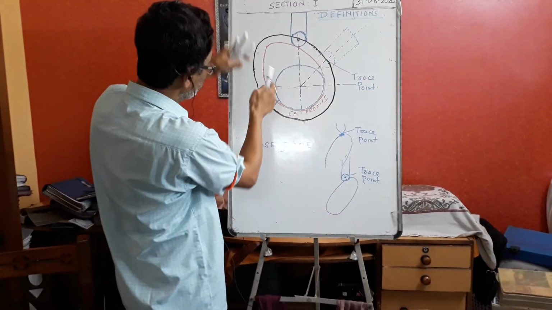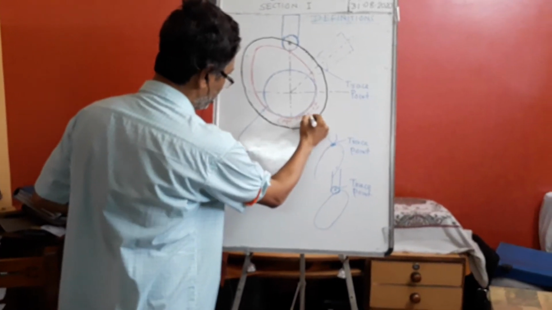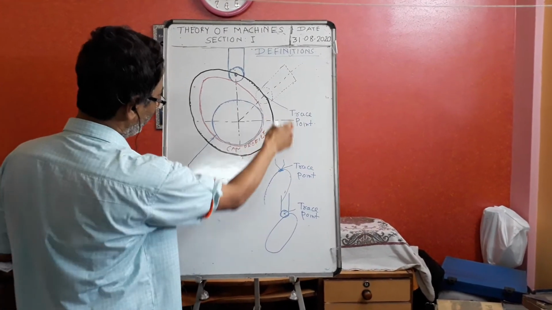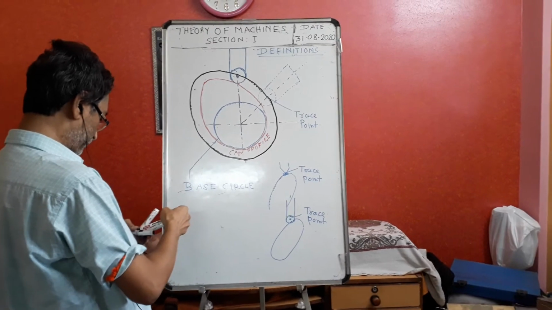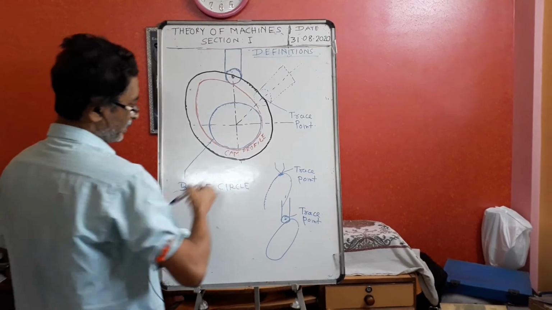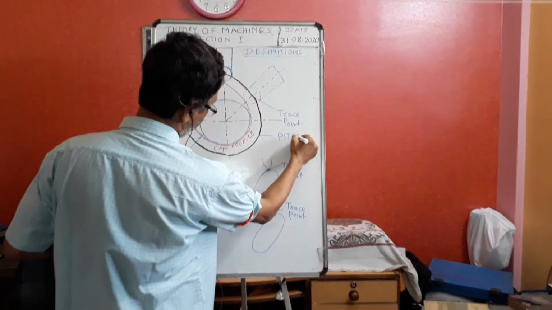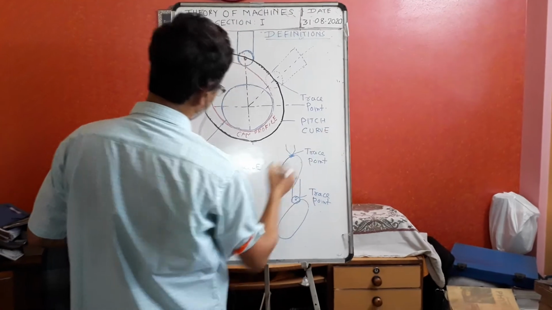Do you see the cam profile? This was the cam profile, and this curve is different from it. This curve is called the pitch curve. So you are getting it?